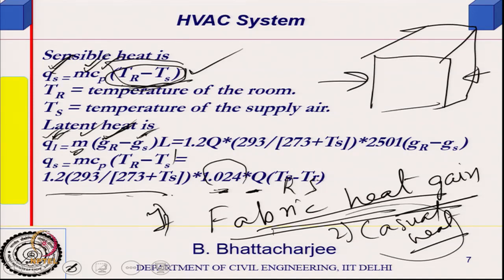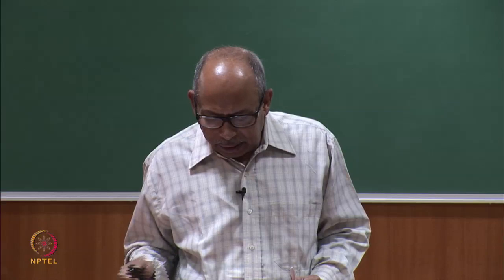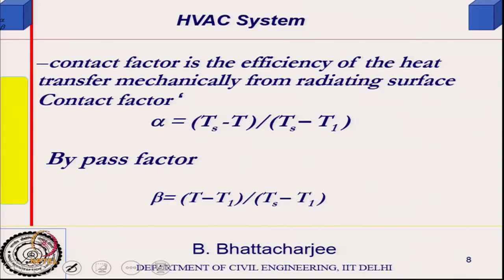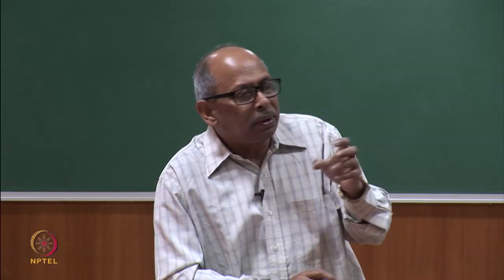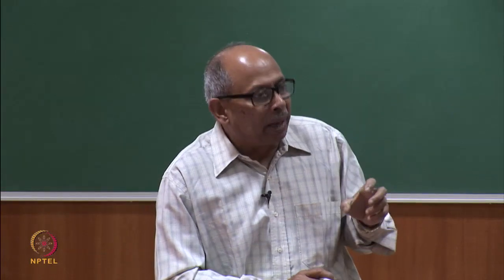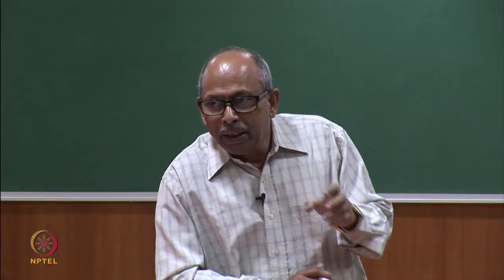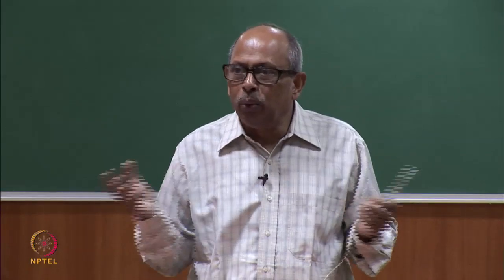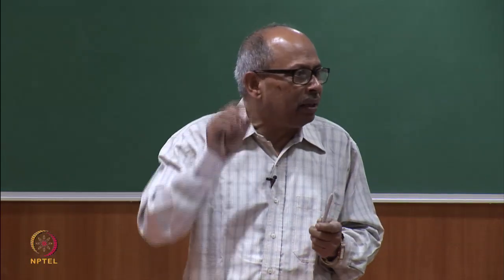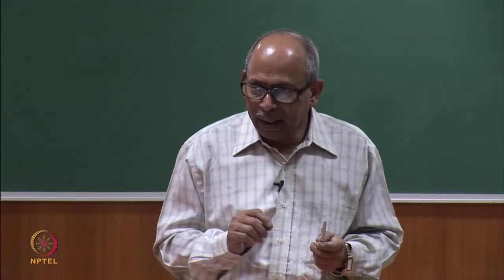But there is one issue, of course, we must take into account. You see, you have supply air coming in from the outlet of the duct, but then the whole room temperature could be quite different than near the duct temperature, right.